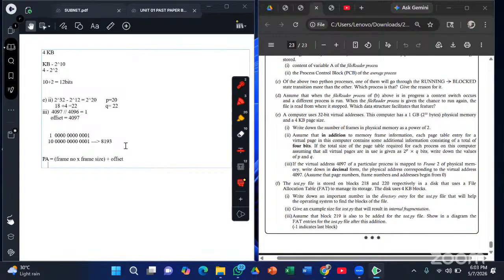Over here, the frame number is 2 and the frame size is 4096. And then you have to add the offset.